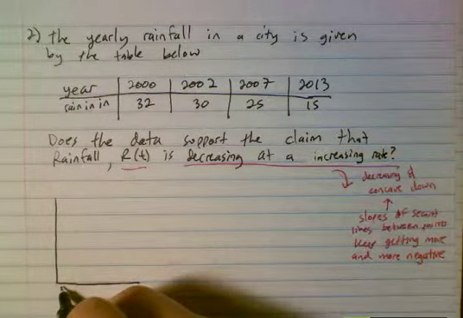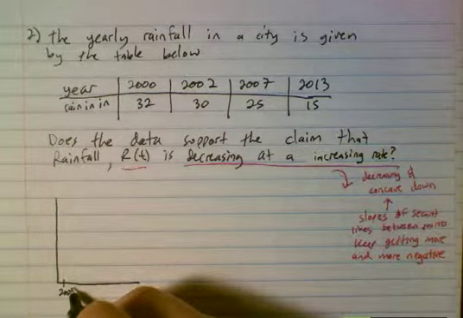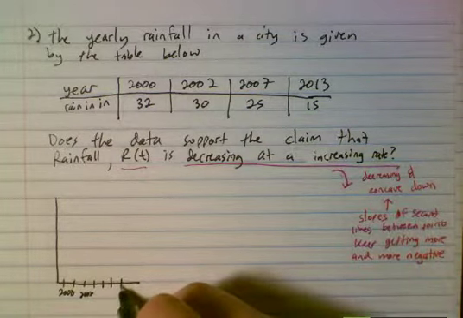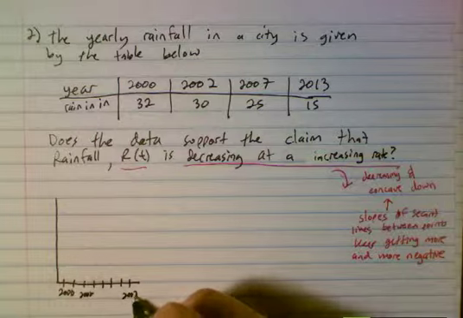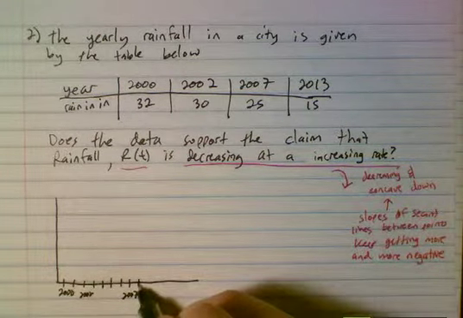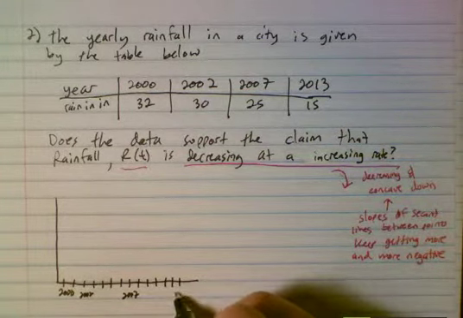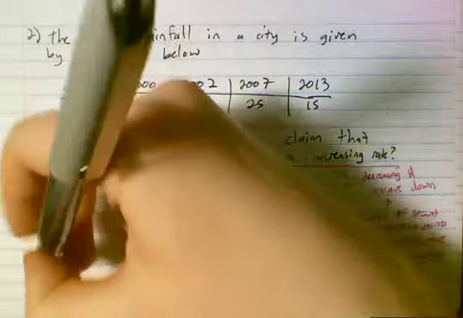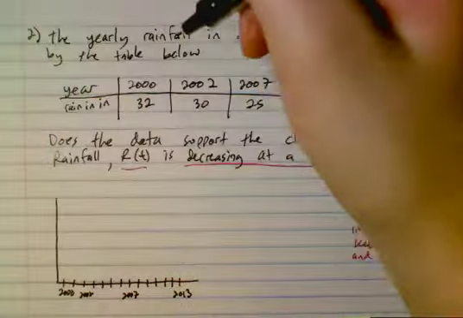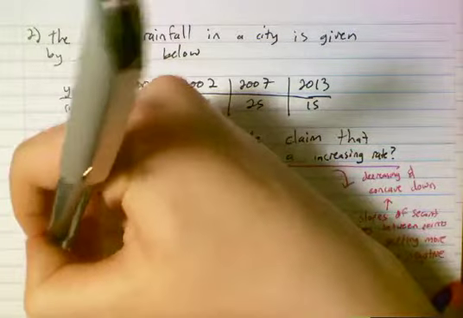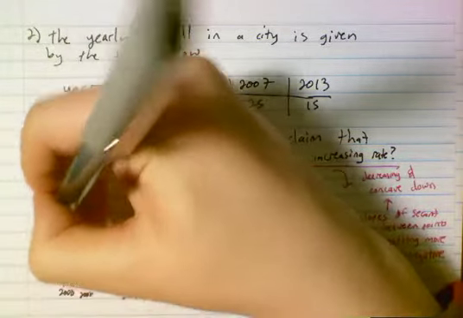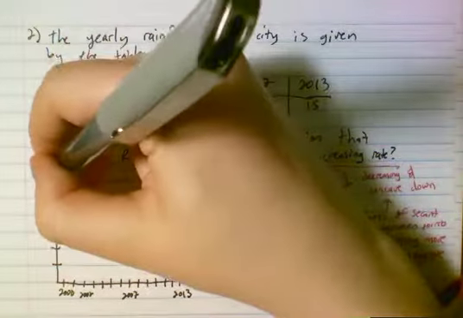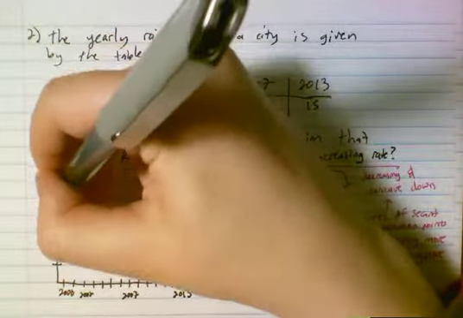So here's 2001, 2002, 3, 4, 5, 6, 7, 8, 9, 10, 11, 12, 13. Let's see. 5, 10, 15, 20, 25, 30, 35.